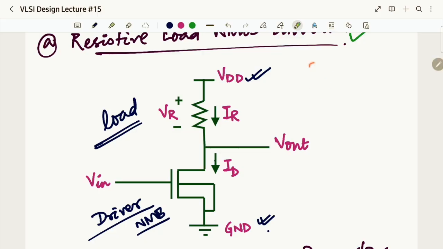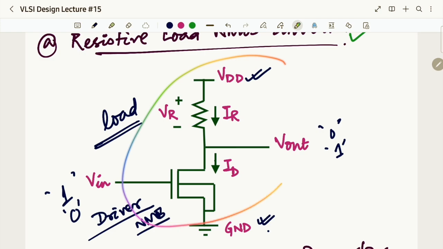Now this used to act as our inverter, and we were getting the desired output. That means when we gave a 1 as the logic input, the output was 0. If we provided 0 as the input, then we were getting logic 1 as our output. But why did we leave this circuit? I mean, it's just one resistor at the top, isn't it?